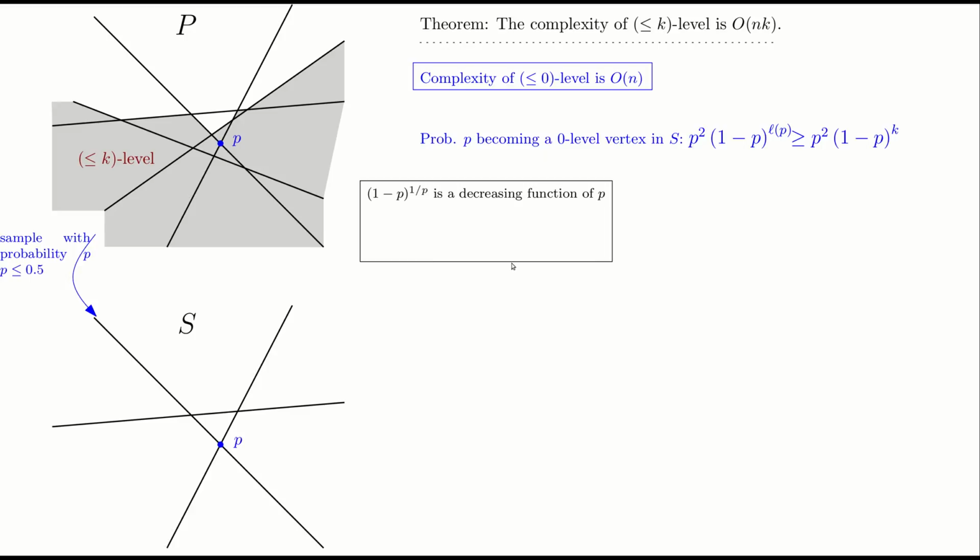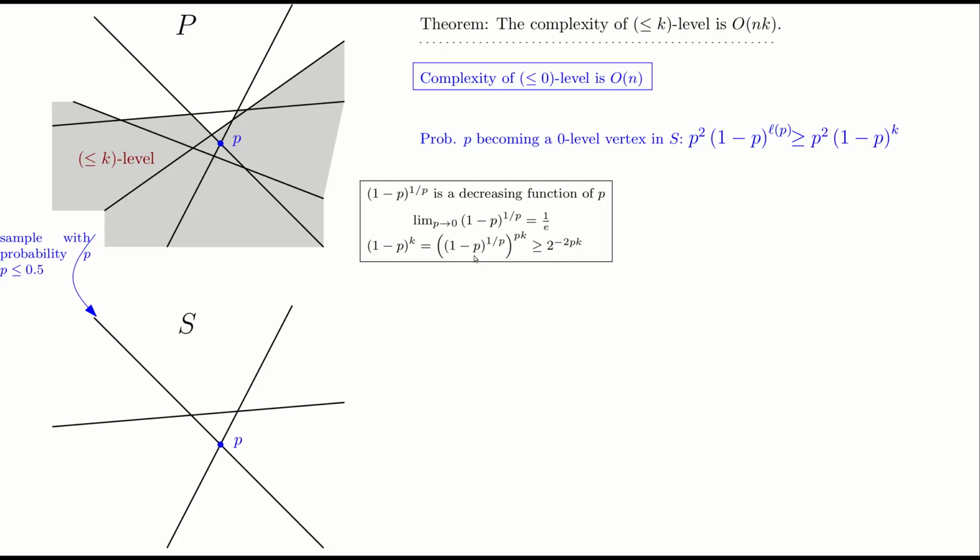Now we use the following fact, that (1 minus p) to the power 1 over p is a decreasing function of p. It's also worth knowing that the limit of this function as p goes to 0 is 1 over e, but we will not need this fact here in this video. Since this function is decreasing, we can write (1 minus p) to the power k as follows. And now we can look at this inner term inside the parentheses. Since this function is a decreasing function of p, the minimum value of this function is achieved when p is maximum.